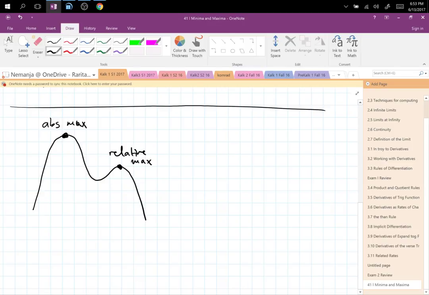The other words that are also used are global for absolute and local for relative max. Is this book using local or relative? Yeah, this book is actually using local, not relative. All right, fine, local.